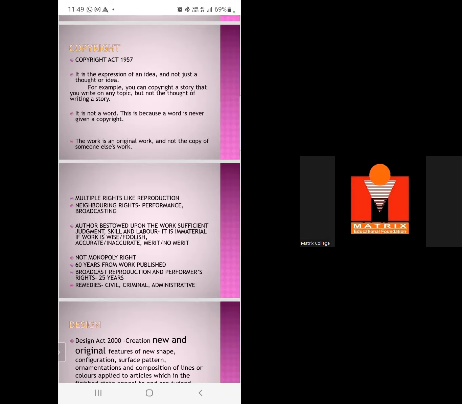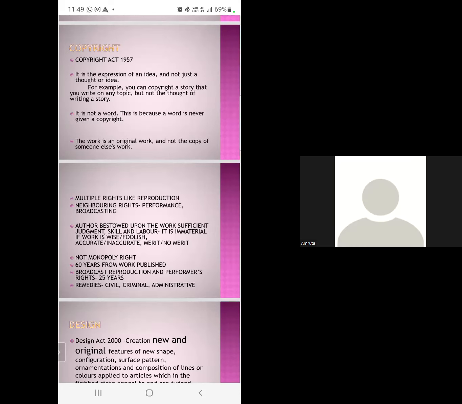You can just copyright the work you have created based on that idea. That property, that creation, that work, maybe a novel, a film, a song, or a composition, can be protected by copyright.